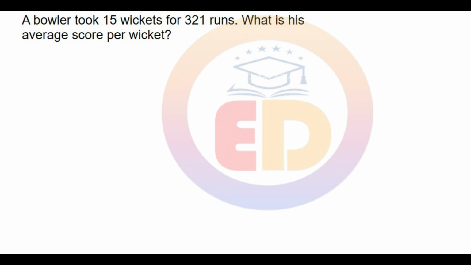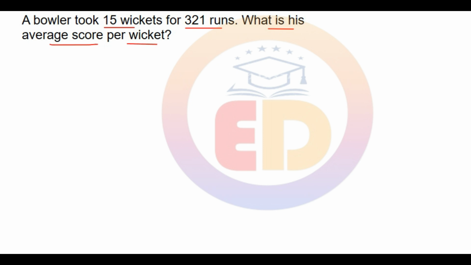Moving on to the word problems based on division of decimal numbers. The question says a bowler took 15 wickets for 321 runs. What is his average score per wicket?